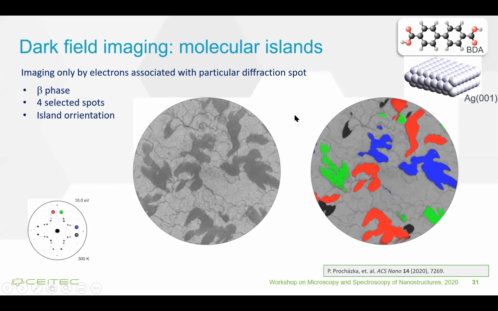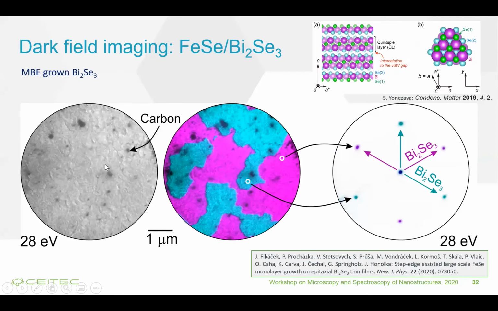If we had multiple phases, we could do the same for multiple phases of the molecules on the surface. But then, of course, it would be more complicated. Then we can have like 4 orientations for one phase, 4 orientations for a second phase, and all will add to a single diffraction pattern, and then we can distinguish what's there.